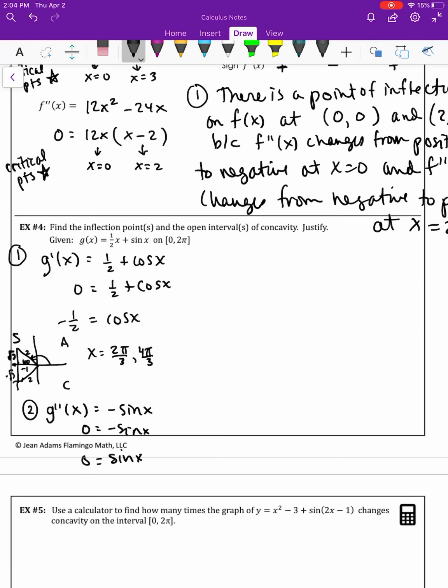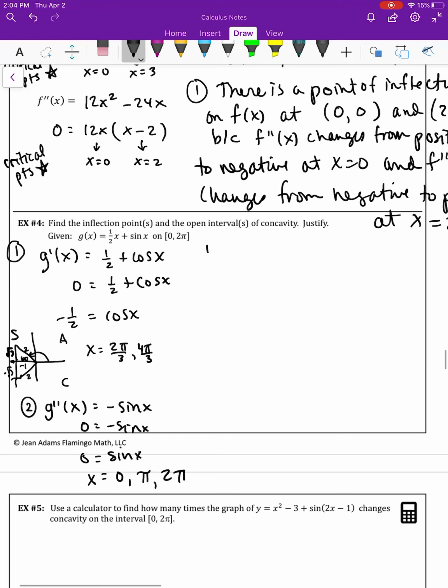And so between 0 and 2 pi, our sine is 0 at 0, pi, and 2 pi. Okay, and 0 and 2 pi are your endpoints also. All right, so now, those are the two things that we would do when we were given a function and we want to talk about points of inflection and concavity and all that stuff.